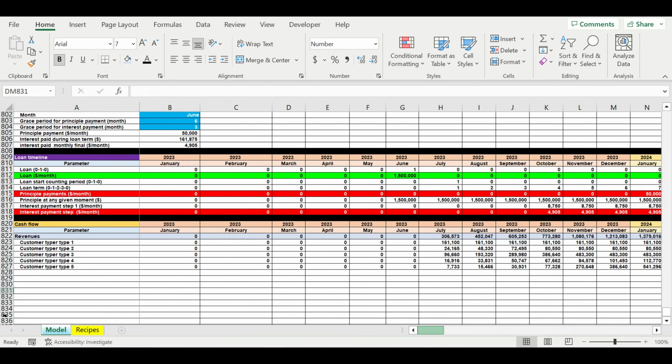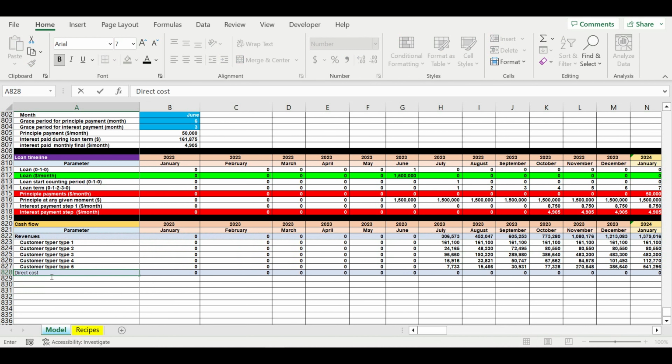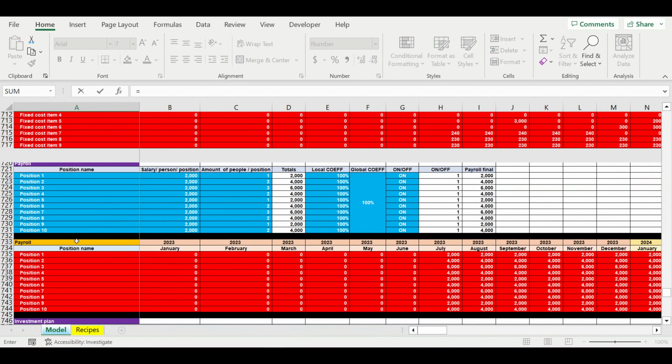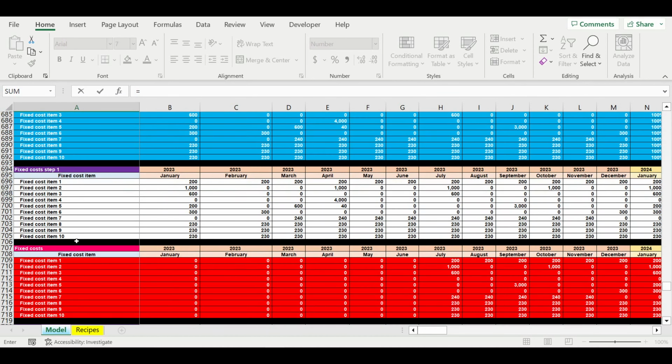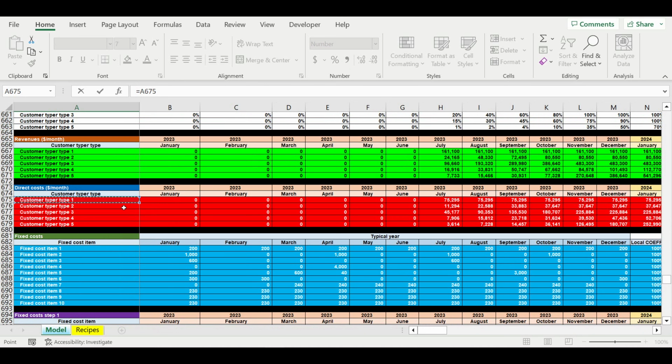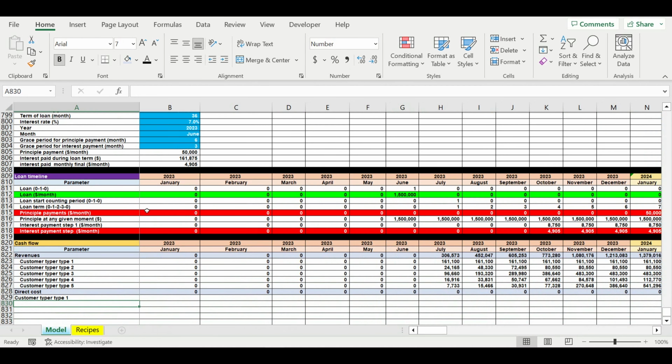Now we are moving to direct costs. So I'm going up, so I'm not putting any data manually in this statement. So direct cost, I'm pulling this data.